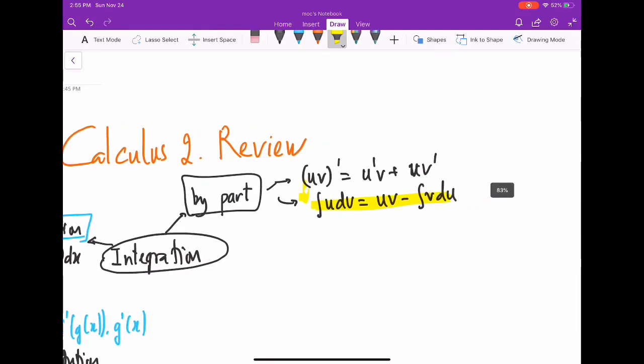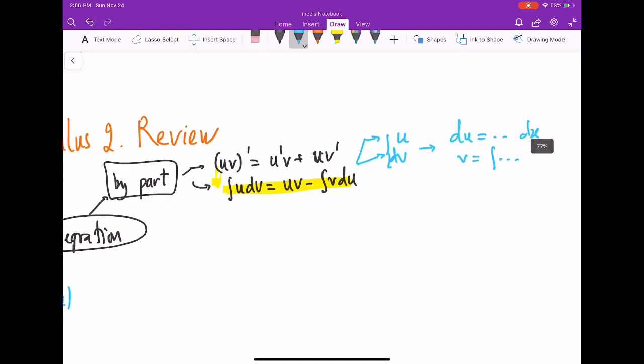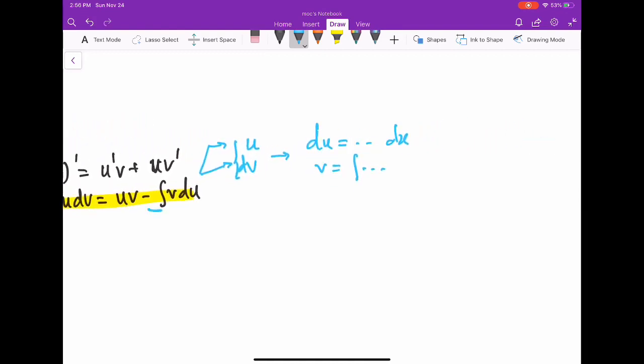So the most important thing is, if they give you an integral, you have to see u and then dv. Once you have u and dv, you need to differentiate right away. You get du, something like dx here, and for dv, you solve for v equal to the integral of something. And if you don't remember the formula, you may think like this.